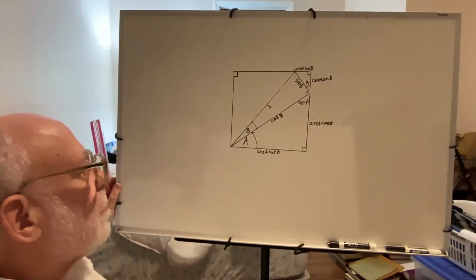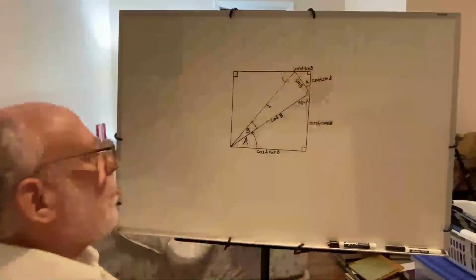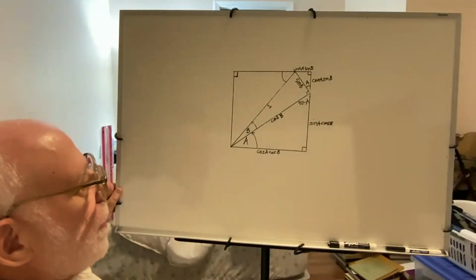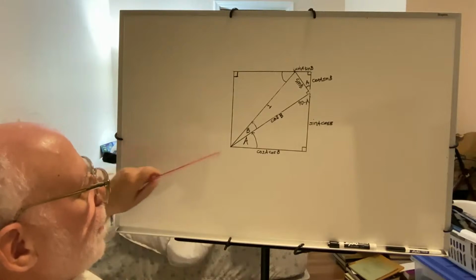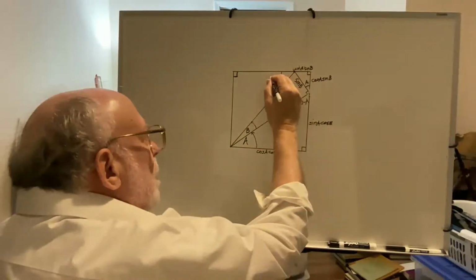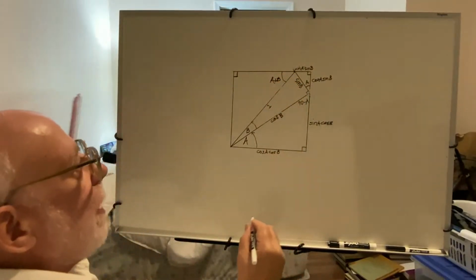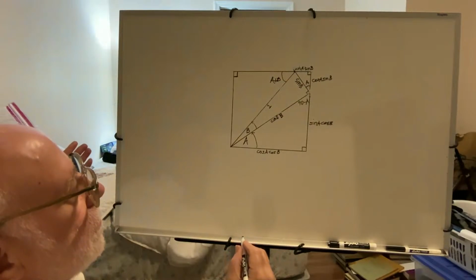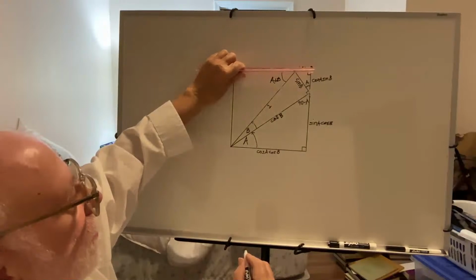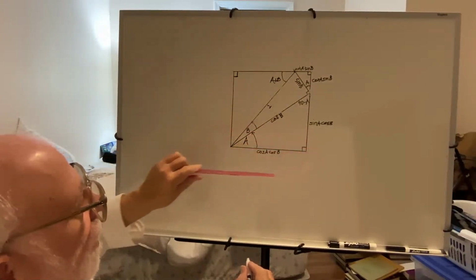Now, this angle here has to be, you have alternate interior angles. This here is A plus B. The top of the rectangle and the bottom of the rectangle are parallel.